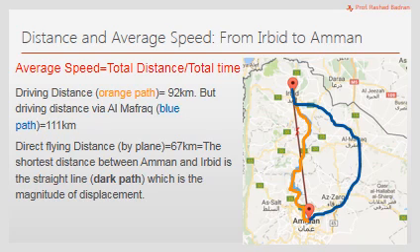In this case, this might represent a distance as a scalar quantity if the direction is not mentioned. However, if the direction is mentioned, this shortest distance between Amman and Irbid will represent the magnitude of the displacement vector.